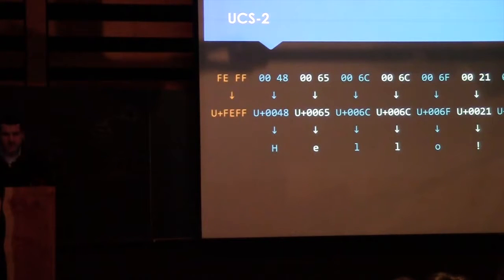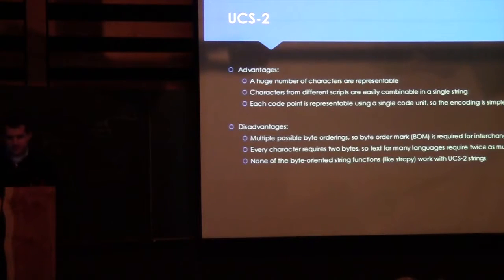The byte order mark gets written at the beginning of text, and they use this special character, FEFF. It's just a code point like any other, but it allows you to detect whether the data is in little endian or big endian ordering. So in this case, it tells us that we're in big endian ordering, and then if we switch all the bytes to little endian, it's easy to see that change in the byte order mark.